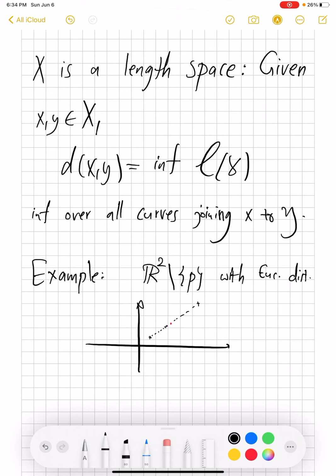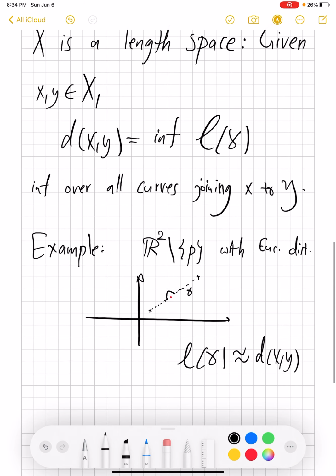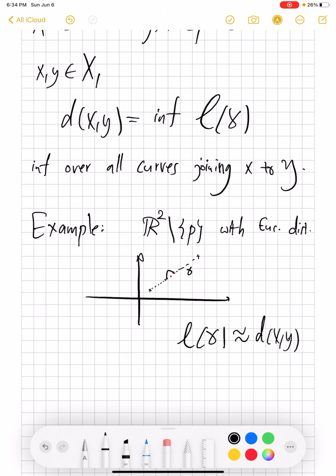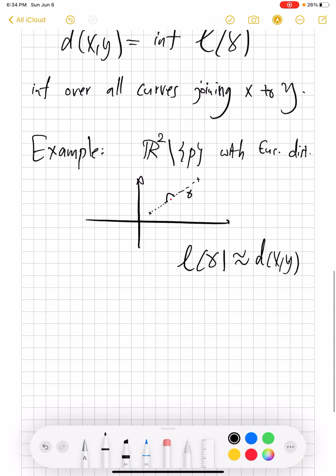It's not in your space. You have to make a tiny loop around it and connect. Now if this is your curve gamma, then its length is very close to the distance of xy, and you can find sequences of gammas which in the limit have length converging to d of xy. But per se there isn't one single curve with length exactly equal to the distance of these points.